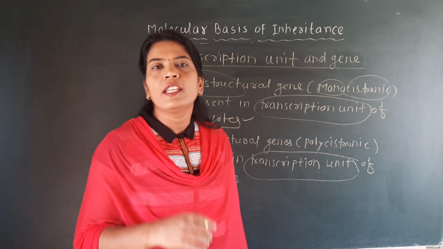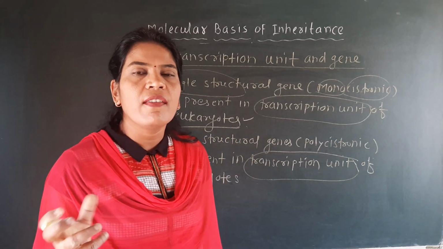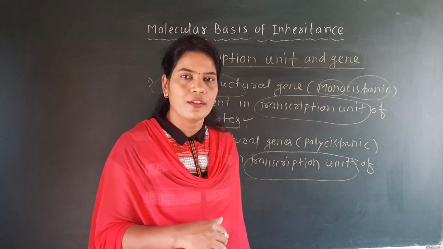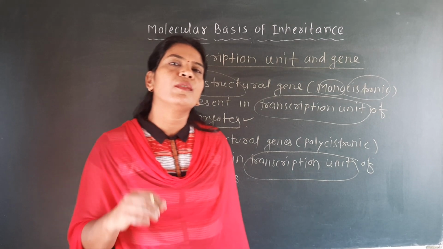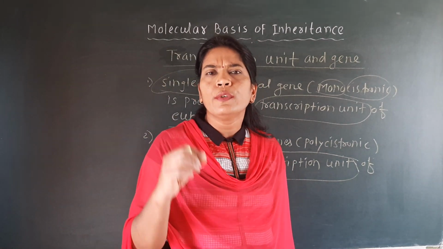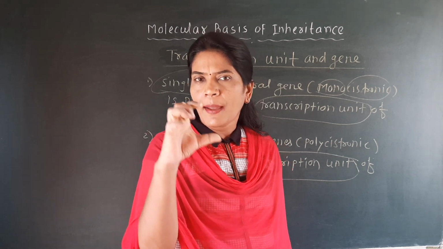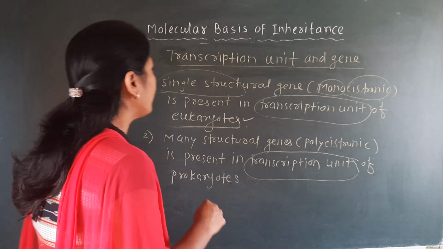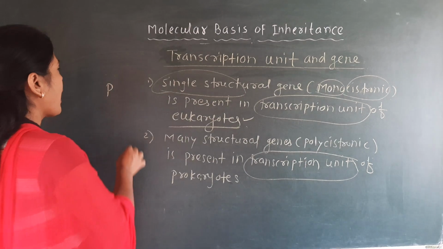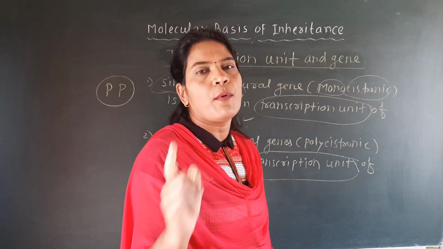So again, I will give you a trick from the MCQ point of view, because students always get confused about which gene is monocistronic and which is polycistronic, or they cannot recall the examples clearly. So we have to follow one simple trick. Prokaryotic stands for P and polycistronic also for P. So PP means prokaryotic polycistronic.